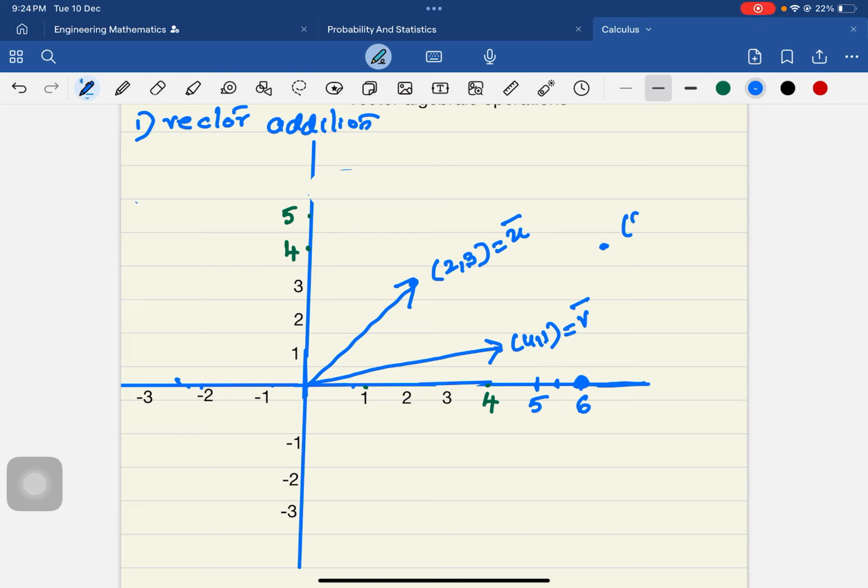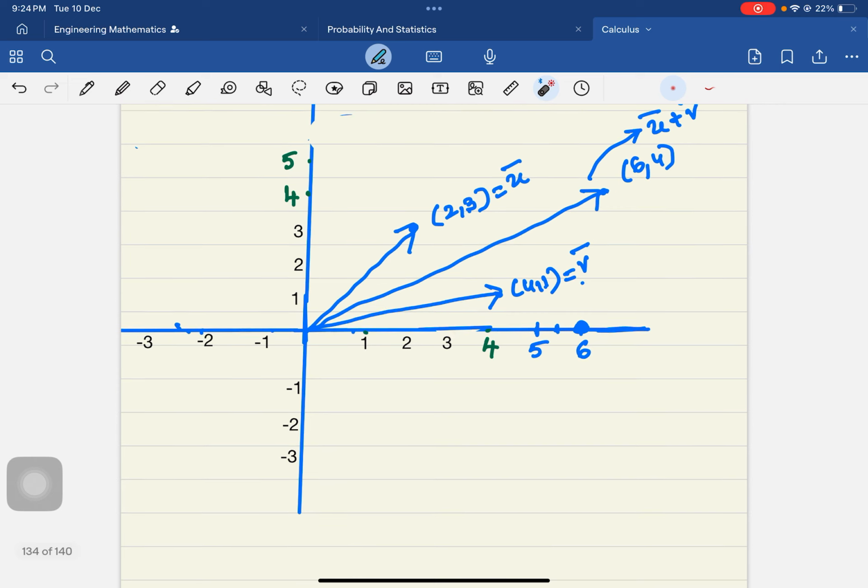This is the vector given by (6, 4), and this vector is denoted by u bar plus v bar. u bar is this, v bar is this, and u bar plus v bar is the vector given by (6, 4) like this. This is the vector addition of any two vectors.